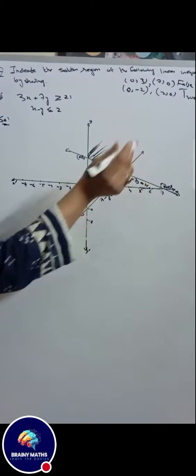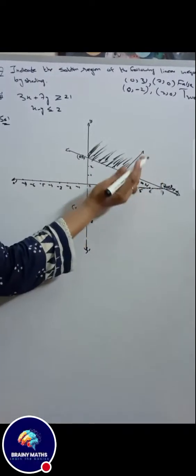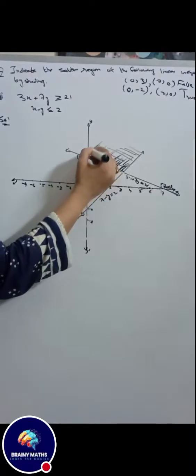Away from the origin, which is false. Towards the origin, which is true. So this line is this line, and this point is the meeting point. So we take that area towards the origin. Clear? And by shading it, I get this area.